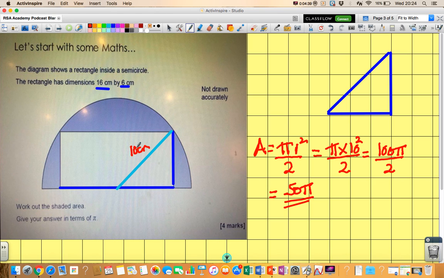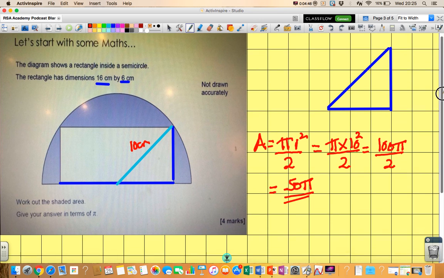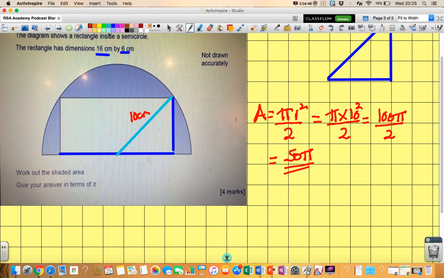And obviously what we need to do is we need to take away from that the area of the rectangle. So the area of the rectangle will be, as we were told, 16 times by 6.